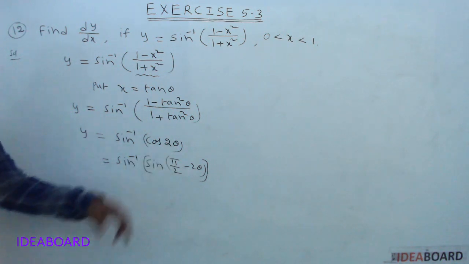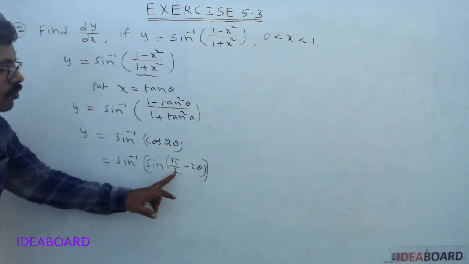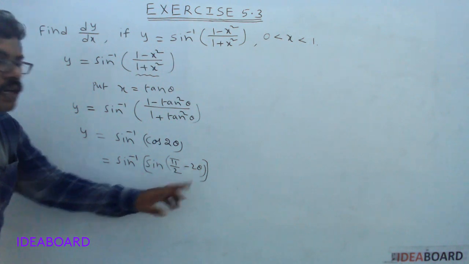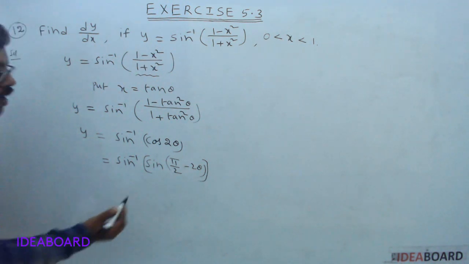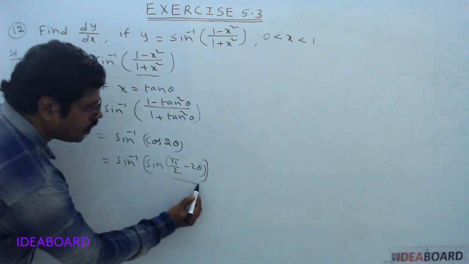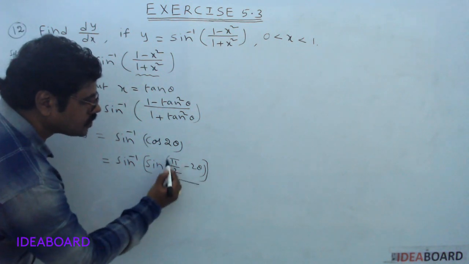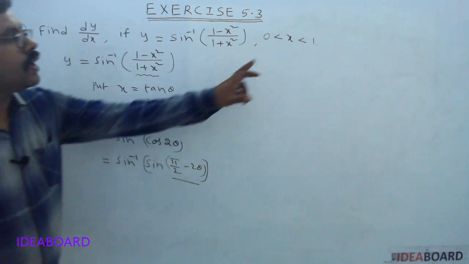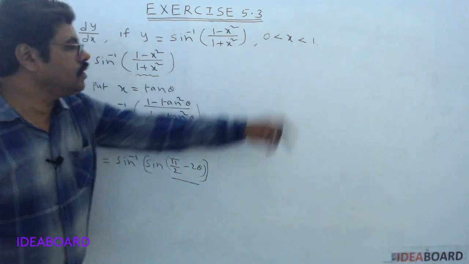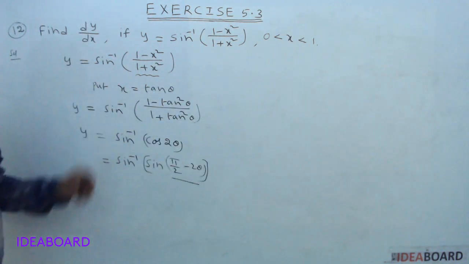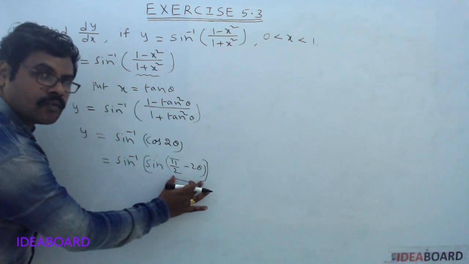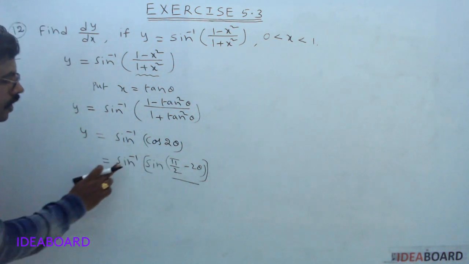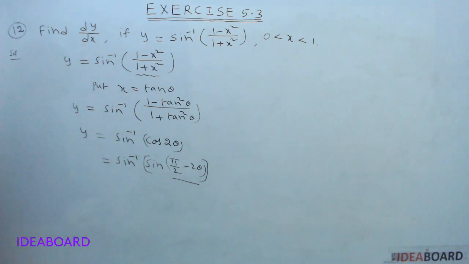Cos 2 theta can be taken as sine of pi by 2 minus 2 theta. Now here also, like previous problems, if you verify the value of pi by 2 minus 2 theta according to this condition, through this substitution, definitely this pi by 2 minus 2 theta value lies in the range of sine inverse.